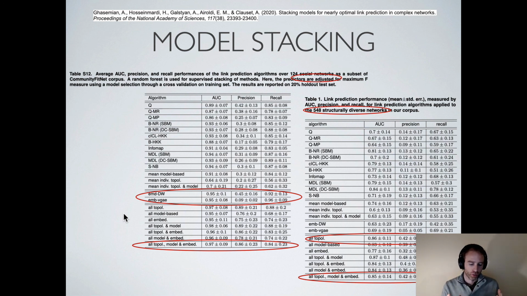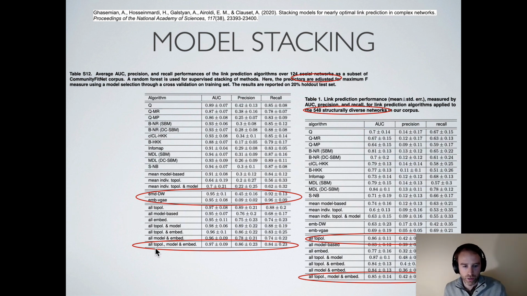If you want to get an idea, it's a principle of voting. Each method tries to vote for a prediction, and with these different votes, we learn how to combine the different predictions into the most efficient possible prediction.